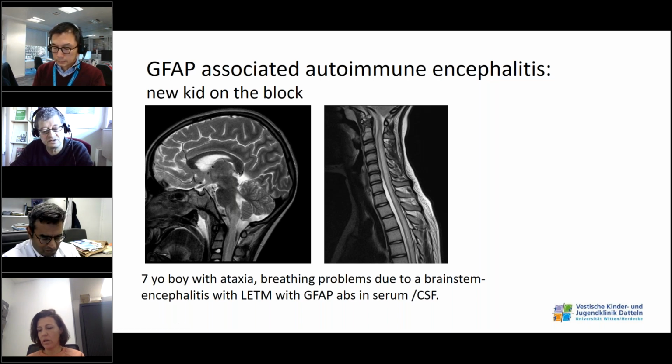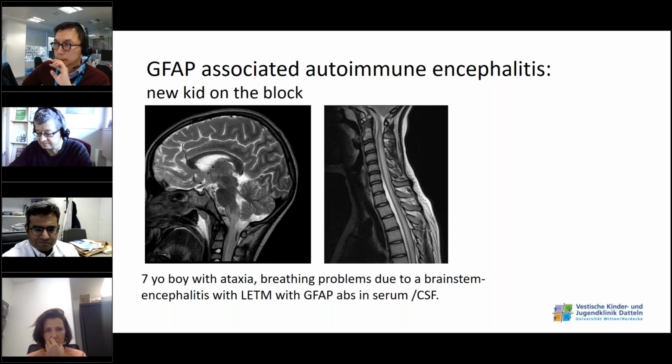Our impression is that especially when they harbor CSF antibodies, MRI features are much more present, and the course of the disease is also much more virulent.